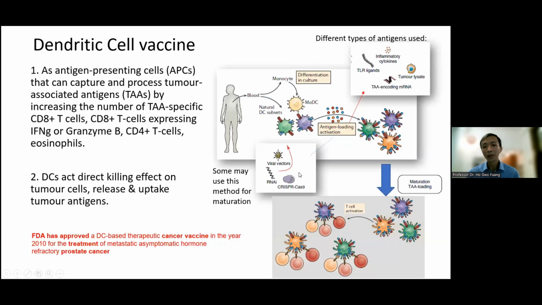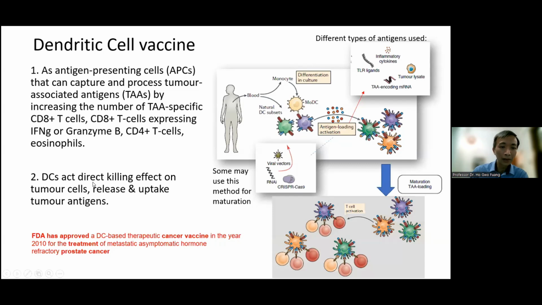There are also other ways to activate the dendritic cells, like viral vectors, CRISPR technology or RNA sequences. After you have matured the dendritic cells, they are ready to activate the immune response.